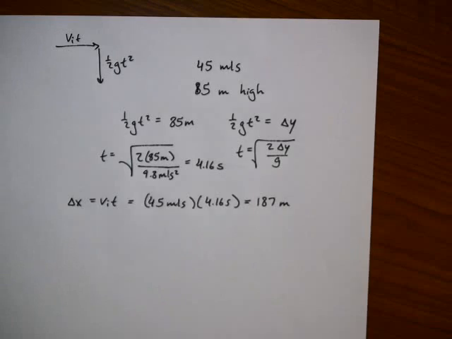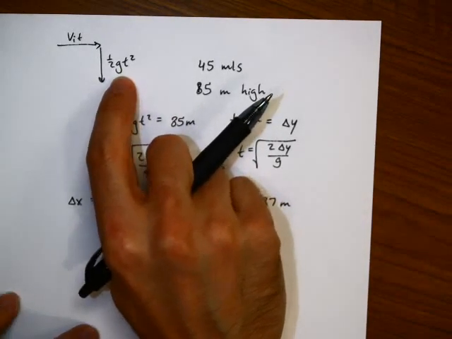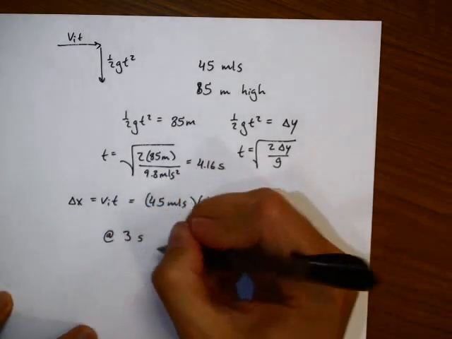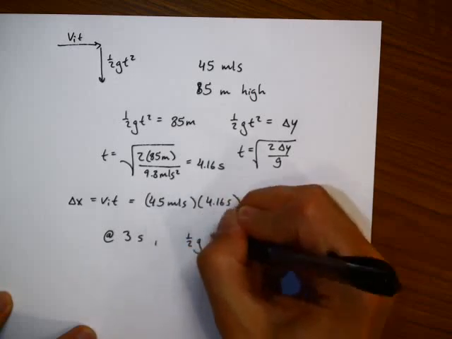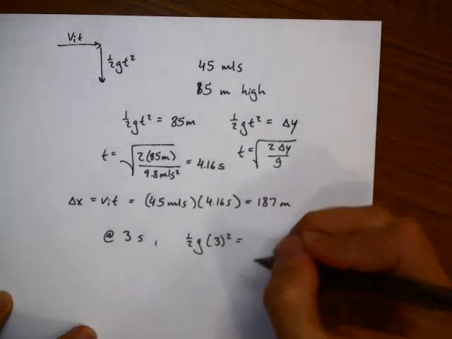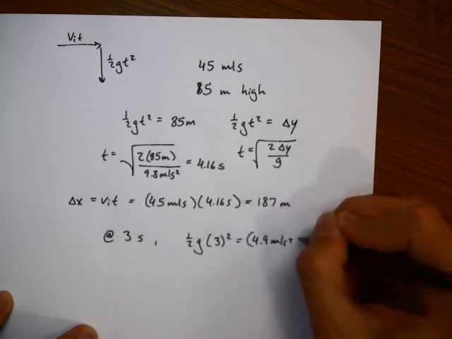Here's another question we might ask. What is the vertical displacement after 3 seconds? How far has it fallen after 3 seconds? We know it hasn't landed yet because it's less than 4.16. Well, if it falls 1/2 gt squared in t seconds, then after 3 seconds it's fallen 1/2 g times 3 squared, which is 1/2 times 9.8, which is 4.9, times 9.